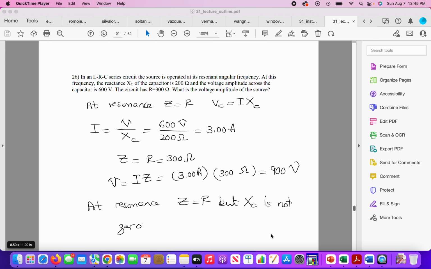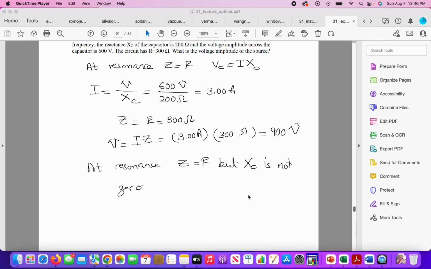I is going to be V, the potential difference amplitude, divided by XC. Then I will be able to calculate the voltage amplitude for the resistor. The resistor is 300 and the current through it is 3, so it's going to be 900. At resonance, Z equals R, but XC is not 0.